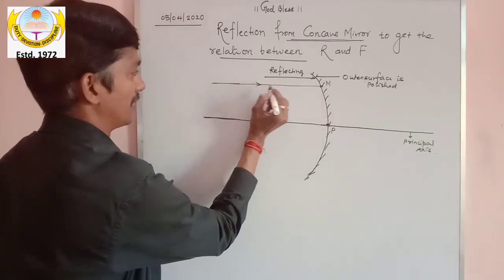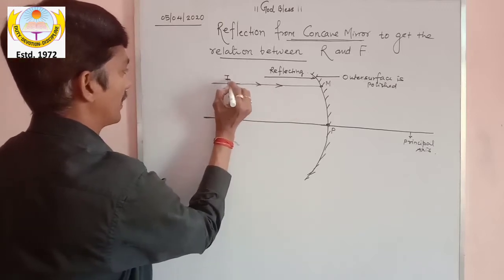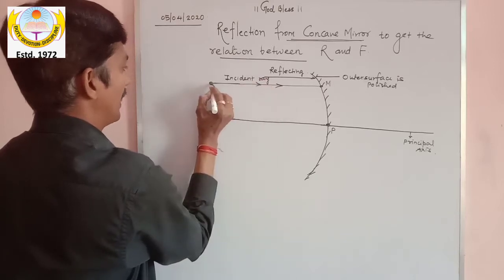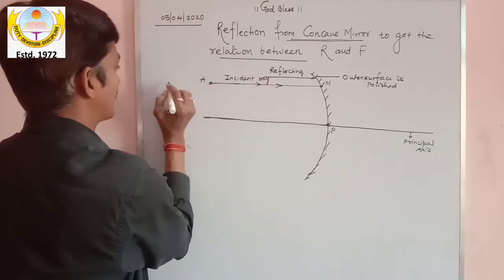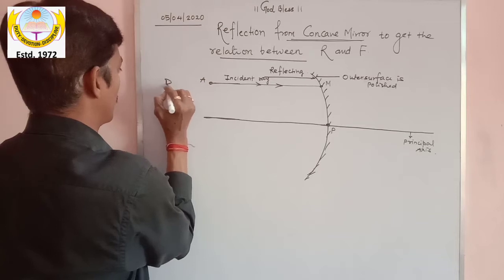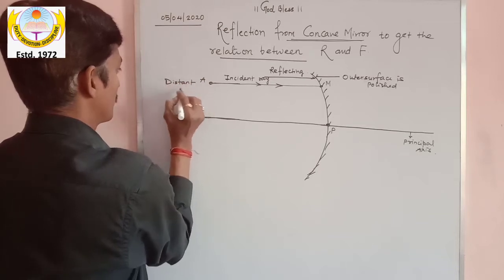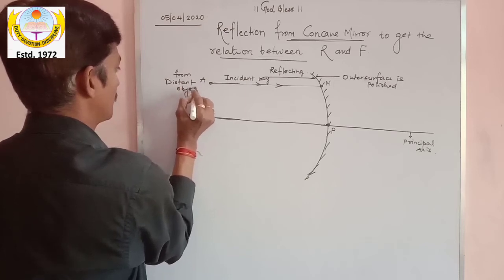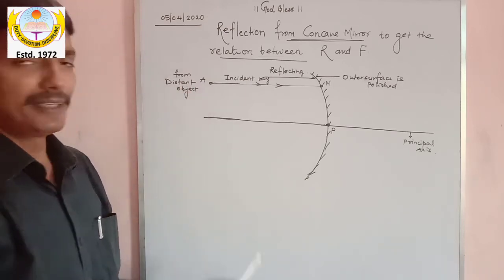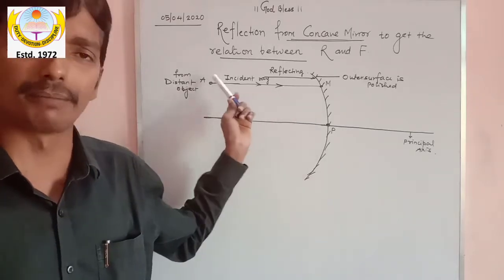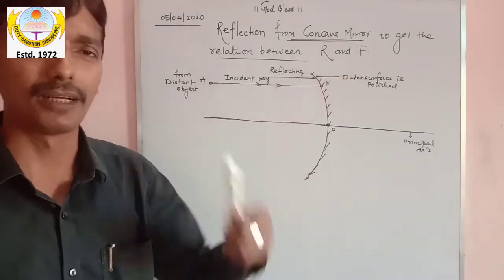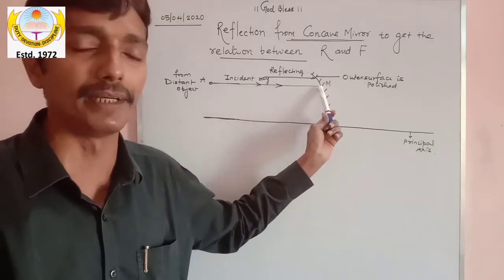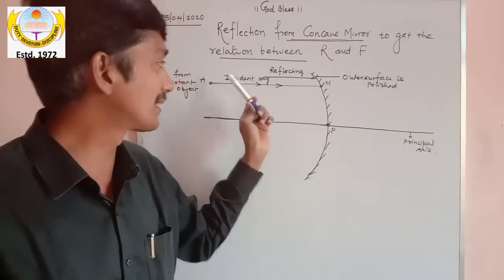Here is the direction, and I will mark this as the incident ray. Let the name of the incident ray be A, and it is coming from some far object or distant object, say from a tree or from anywhere else. It will fall on the mirror at point M, and this ray is the incident ray.